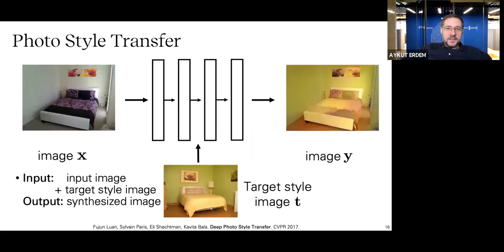Another related class of problems is called photo style transfer, where this time you have basically two inputs. One is the input image, and as a secondary input, you take another so-called style image. And the task is to synthesize a stylized version of the input image whose content is like the original input image, but the style is transferred from the given target style image.